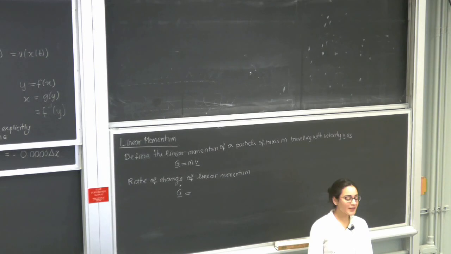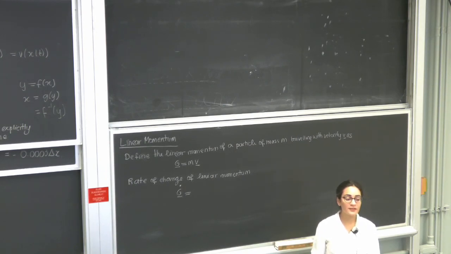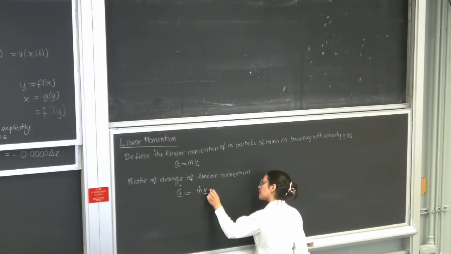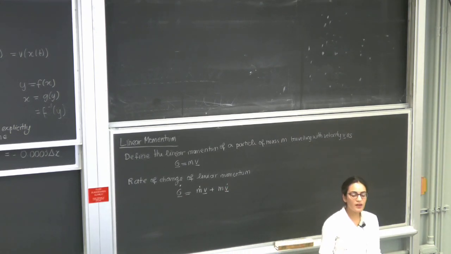MA, but you're making an assumption when you say MA. Yes. M v dot, that's the same as MA, but you're still making an assumption there. Exactly. So your friend is not making that assumption. What was the assumption? That mass is constant. But for a system, mass doesn't have to be constant. And when mass is not constant, we have to take its derivative of mass too. V dot is A. Can you think of systems where mass is not constant?